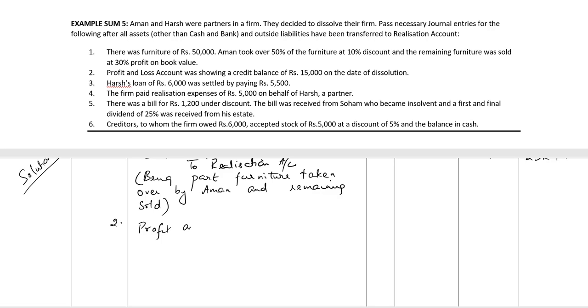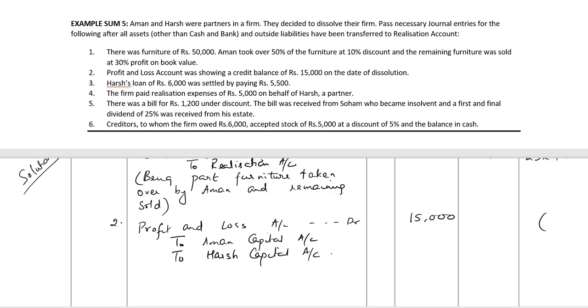Profit and loss account debit to Aman capital account, to Harsh capital account. Total accumulated profits 15,000.